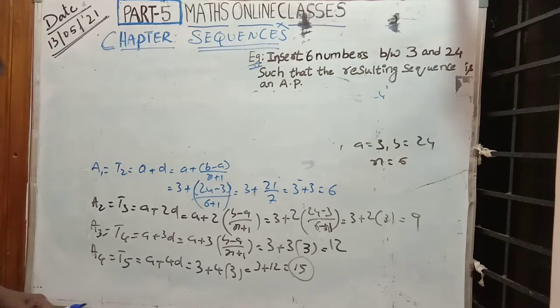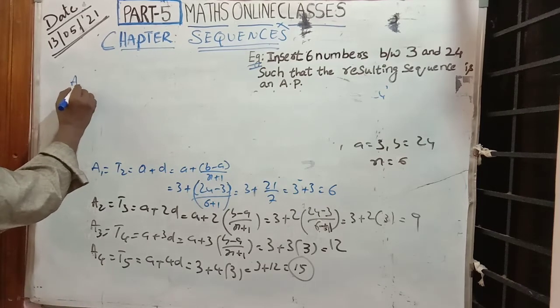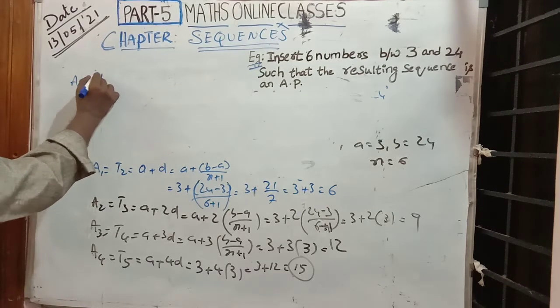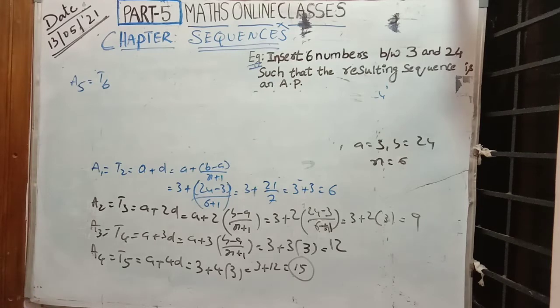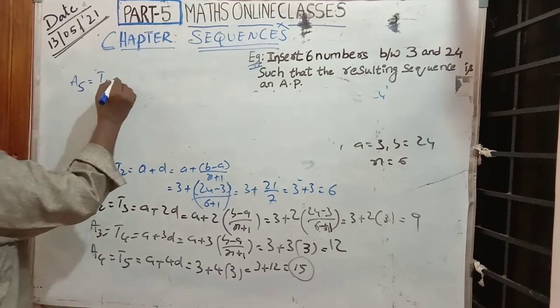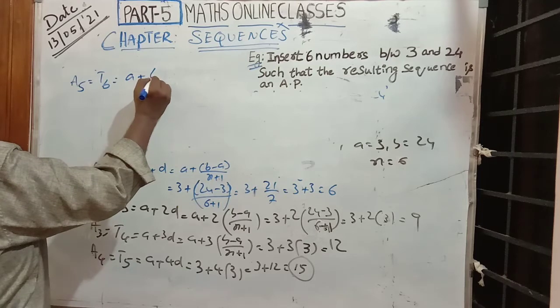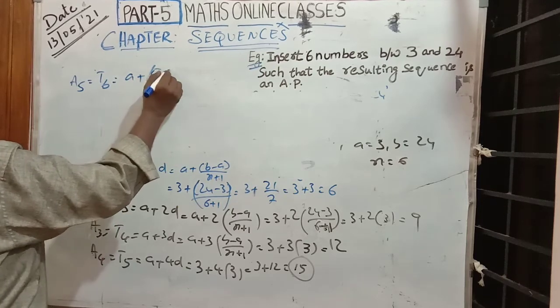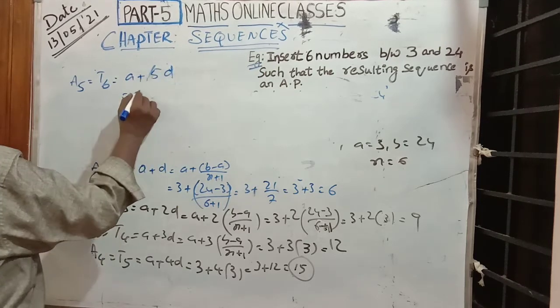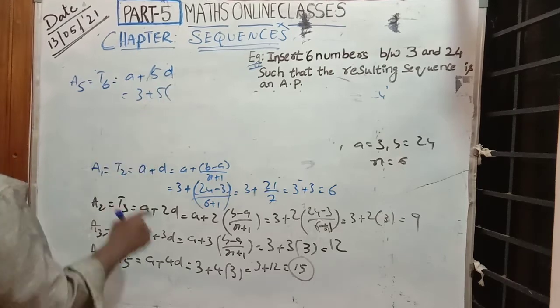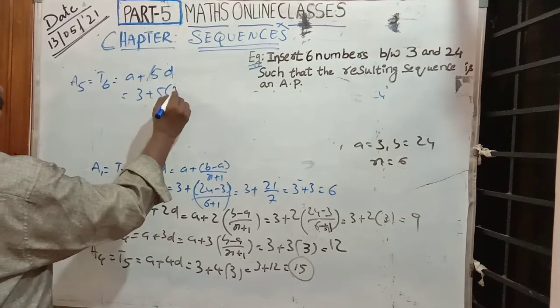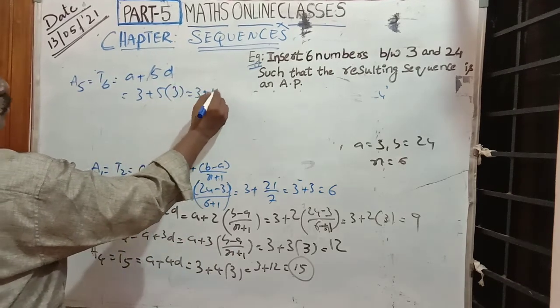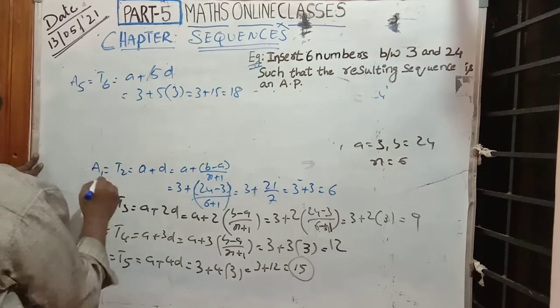A5 is T6. A plus 5 into D. That is 3 plus 5 into 3, as we already know the value 3. It is 3 plus 15, 18.